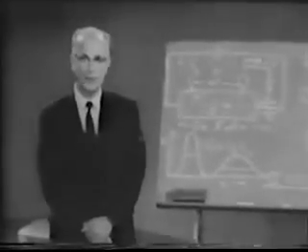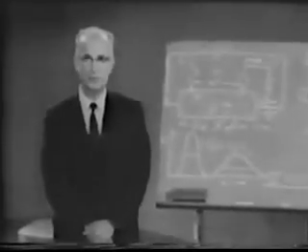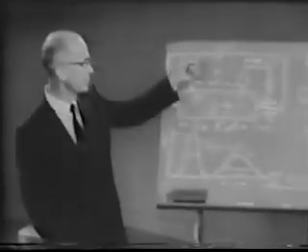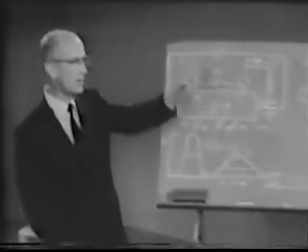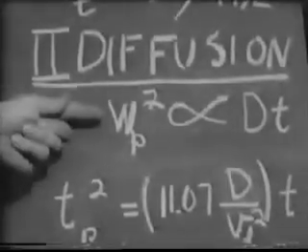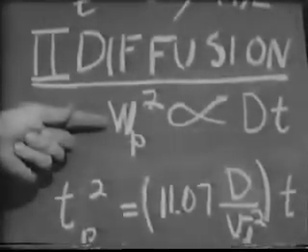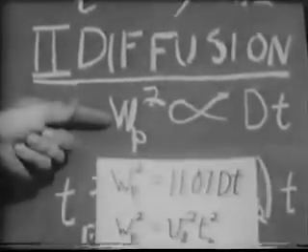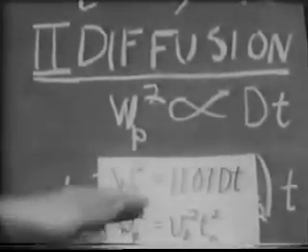The only dimensionally correct relationship between W sub p, the transit time t, and the diffusion constant d is W_p squared is proportional to d times t. We used diffusion theory to calculate the proportionality constant.